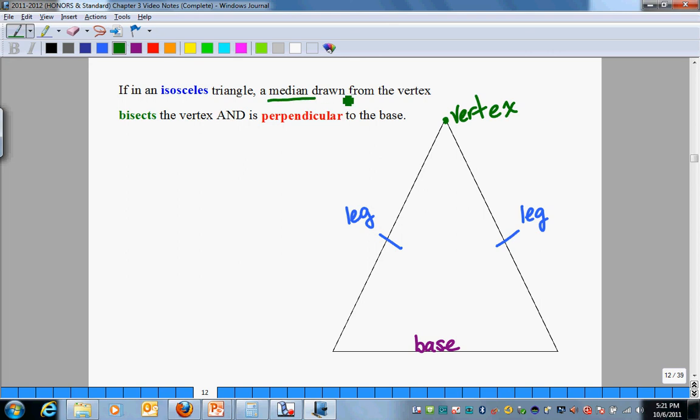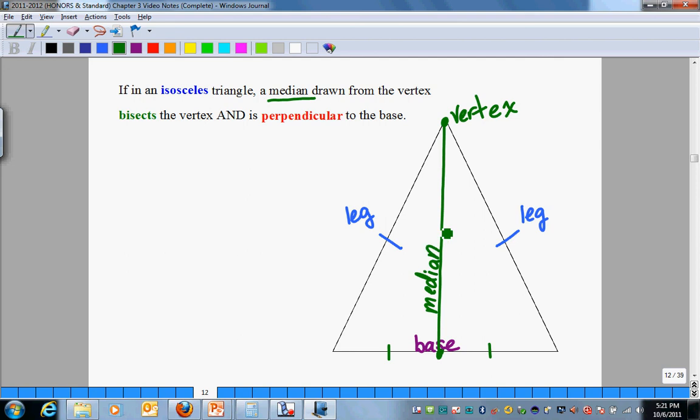The median is a line drawn from a corner to the midpoint of the opposite side, in this case, the base. So I'm going to draw a midpoint here. I'm going to draw a line which cuts that base right in half. That's going to be called a median.